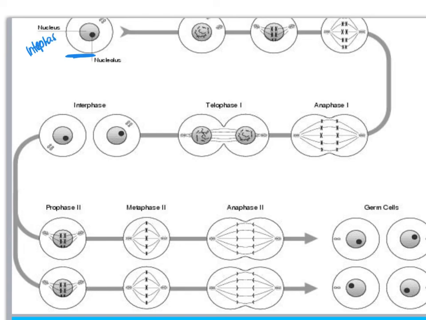Okay, so then the cell goes into prophase 1. If you look here, you can see the DNA is still chromatin, but here it has become chromosomes, and they have paired up, and the tetrad is formed, and crossing over is going to happen. So it's very important you know crossing over happens in prophase 1.